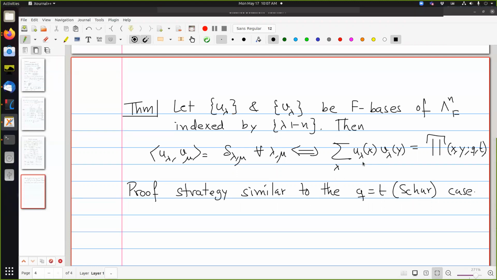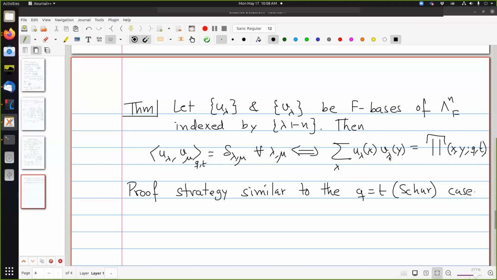Yes, u lambda and v lambda implicitly have q and t inside. I mean, they are F-bases, so they do have them. I mean, in this summation that you have written, only x is an indeterminate.